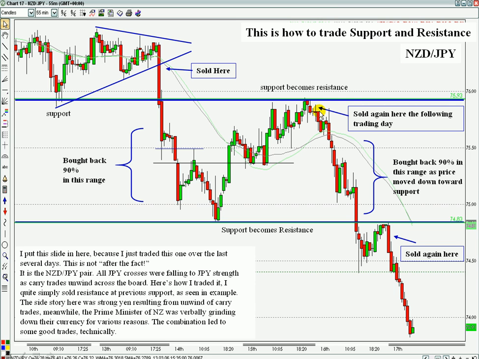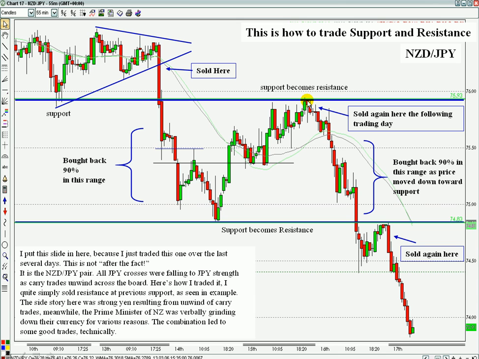That squaring of positions for the carry trade was partially stimulated by Japan making a statement that there was a potential to lift their zero interest rate policy. That was just verbiage that occurred at the time, and it was the hot news item for the week.